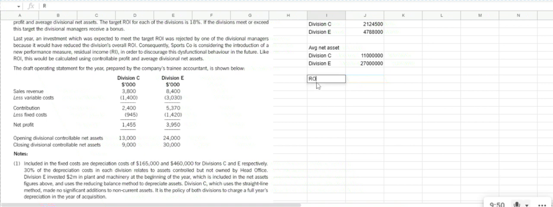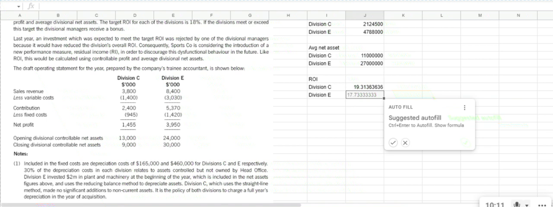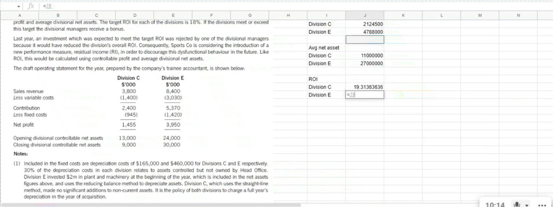So now we will come to ROI. Same thing for division C and E. So how do we calculate the ROI? Controllable profit divided by division average net assets into 100. And for this, once again the same thing, my controllable profit divided by my average net assets into 100.